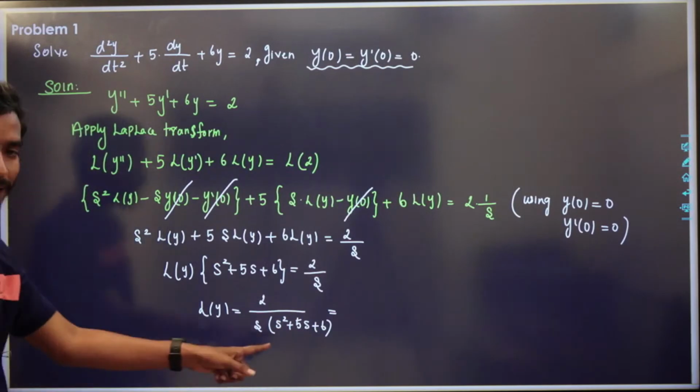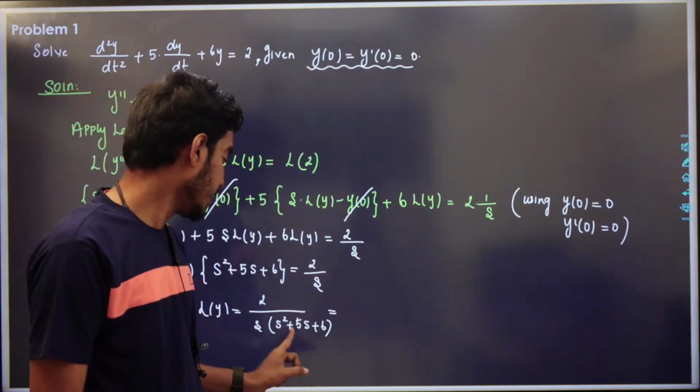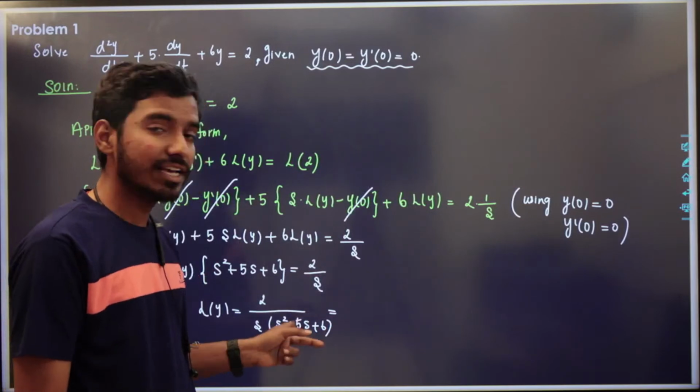Now factorize s square plus 5s plus 6. It will be s plus 2, s plus 3.